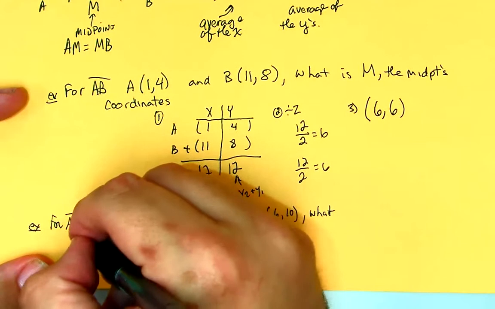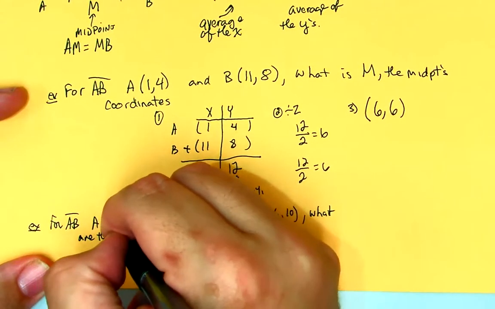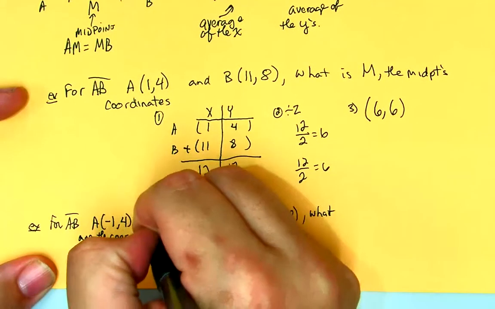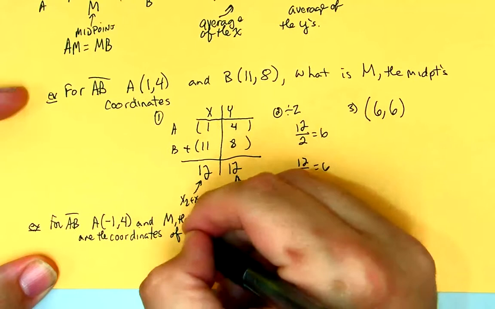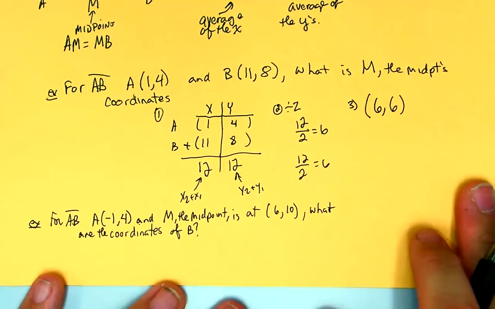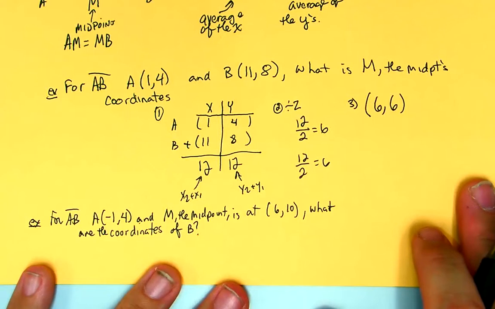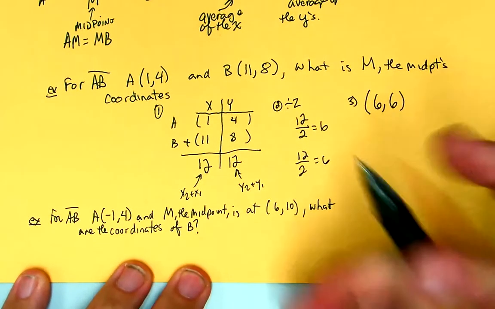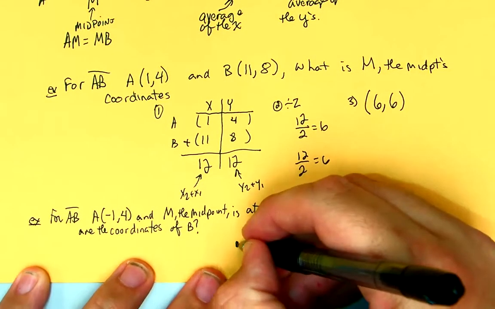What are the coordinates of B? Now, you can go into the formula and figure it out, and we'll do that in class. But here's a really nice, simple way of doing it.